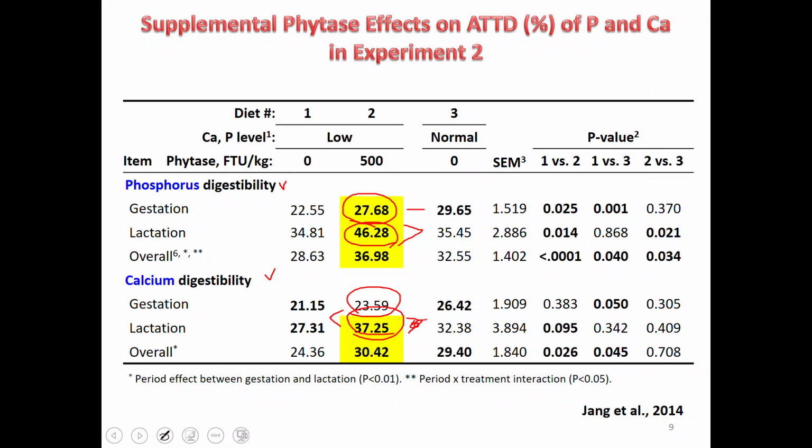So this means phytase supplementation not only increase phosphorus digestibility, but also other minerals, here calcium digestibility.